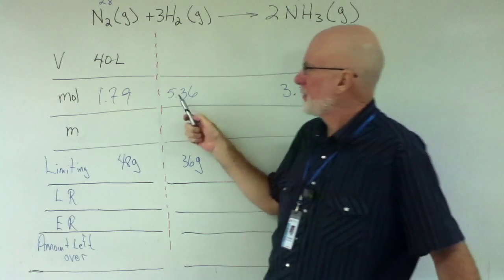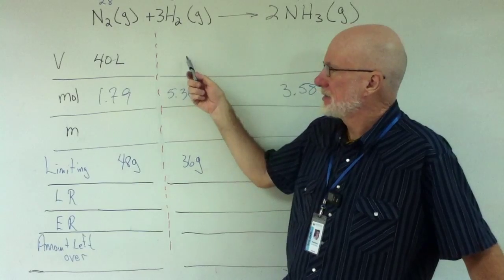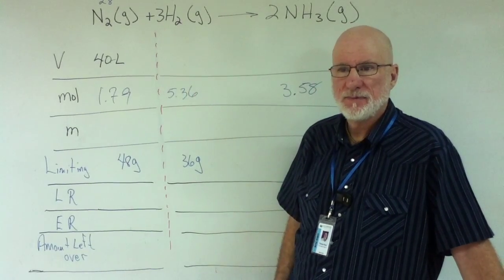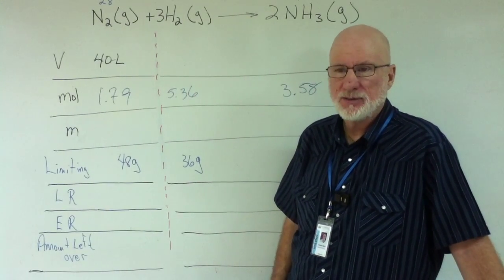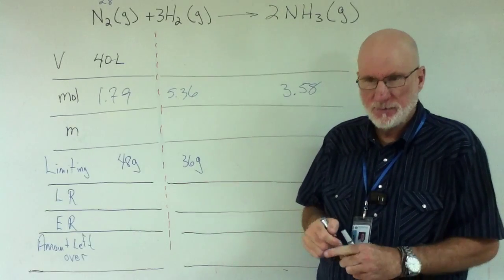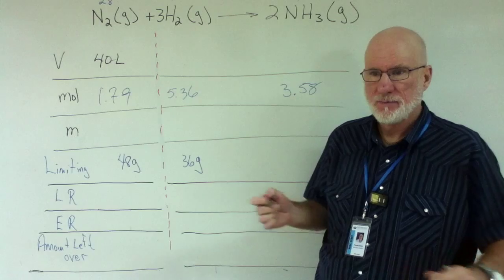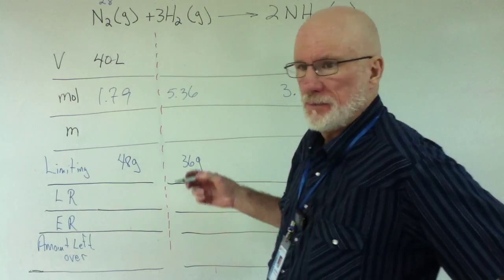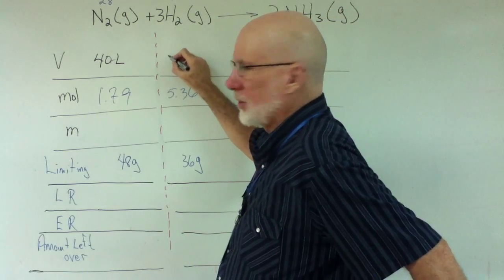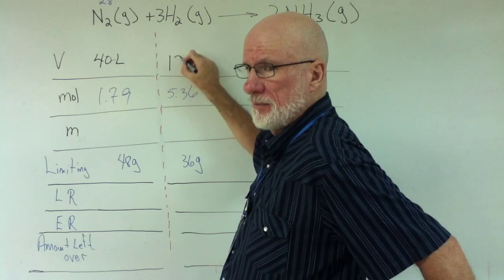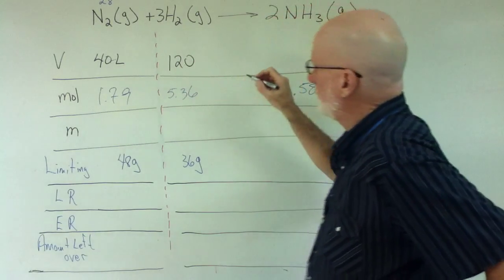Now just multiply this by what to get this? 22.4. Easy. So what's that times 22.4? 120. Good.